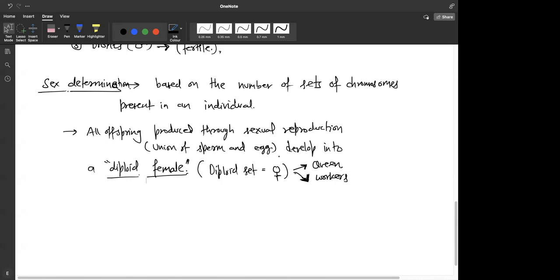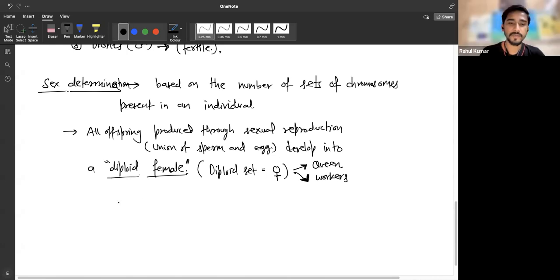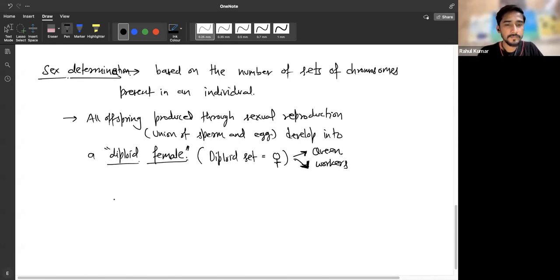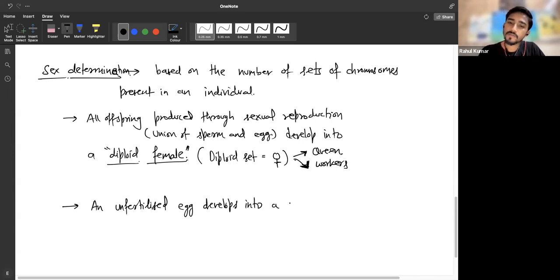Yes, sir. So females are diploid, which means, okay, first write down the second scenario. An unfertilized egg, which means just the egg, always develops into a male, known as drones.